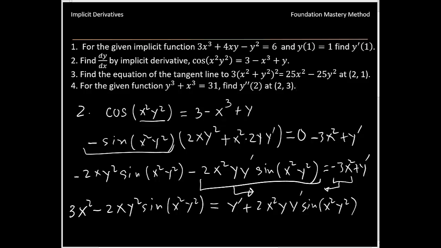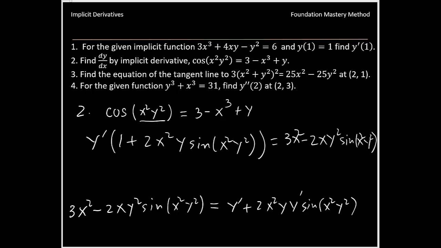Now we need to take y prime as a common factor on the right side, and then we need to divide both sides by whatever we see, and we get y prime. So when I factor y prime from here, I get 1 plus 2x squared y sine x squared y squared here, and then 3x squared minus 2xy squared sine x squared y squared on that side.